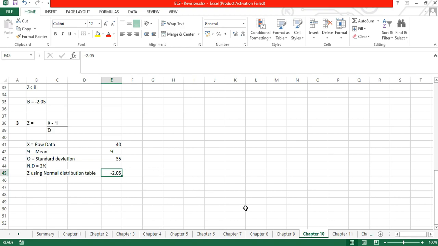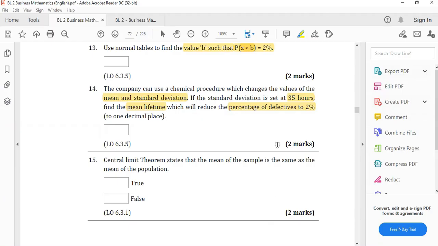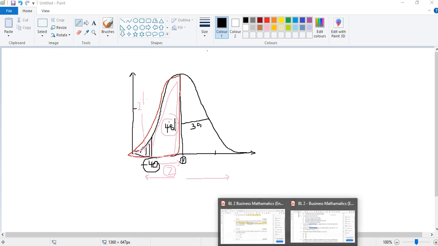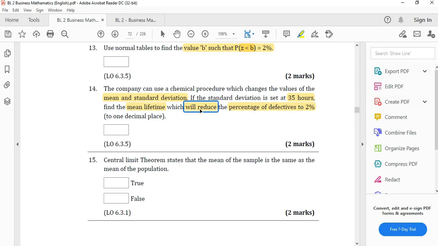Why is it? Because they say it is the mean lifetime which will reduce. This word reduce means actually 40 should be over here in the minus section, because they are saying about a minus 2%. Why am I saying minus 2%? Because they mentioned the word will reduce.